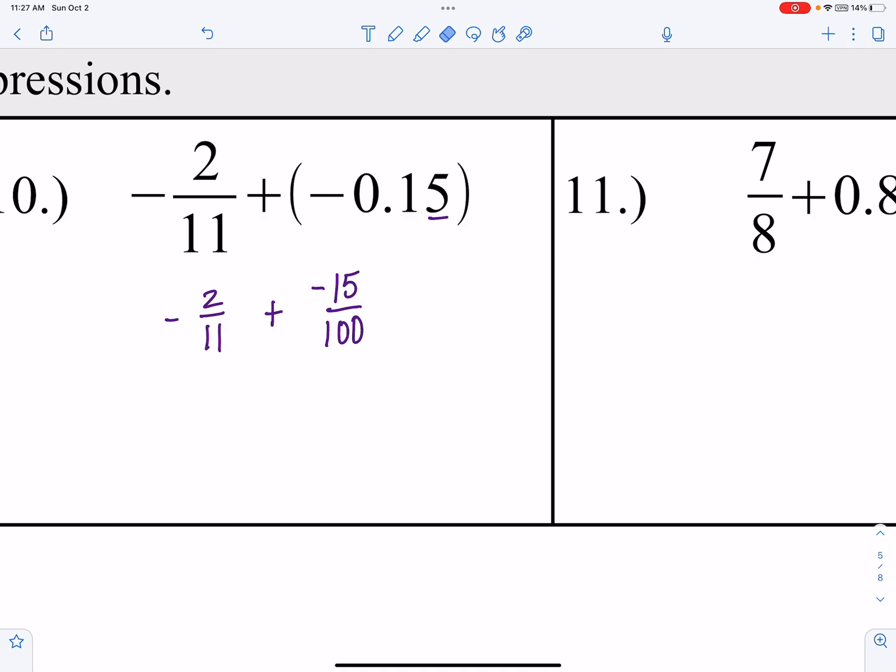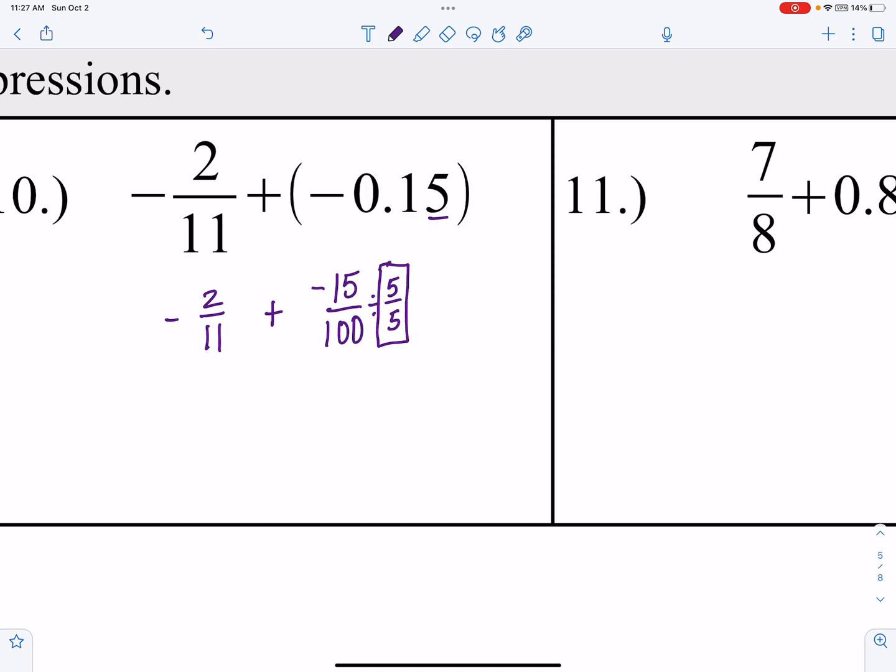Instead, I'm going to try to make this a little bit smaller so I have a smaller number to work with. I know that I could divide by 5/5 to get a smaller number, so I'm going to go ahead and do that because I know 5 will help us get there.